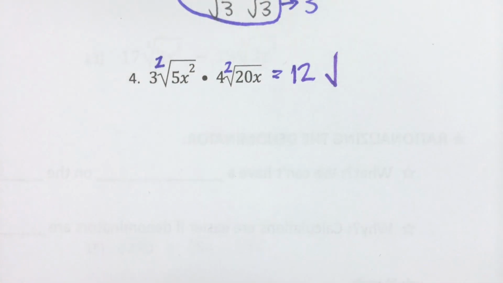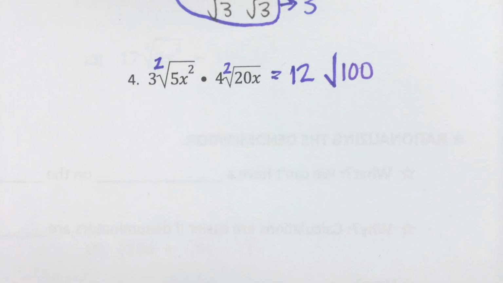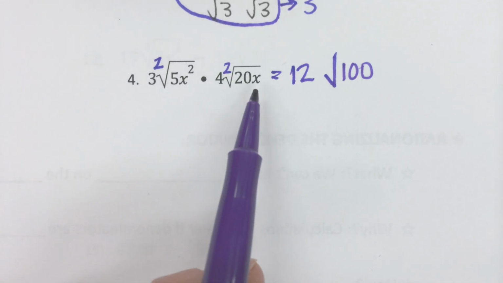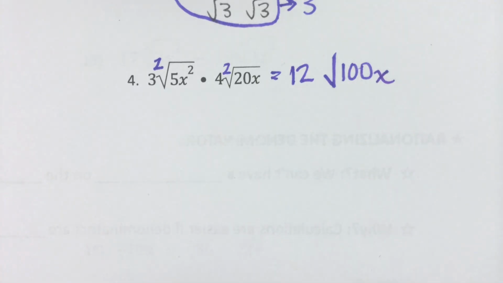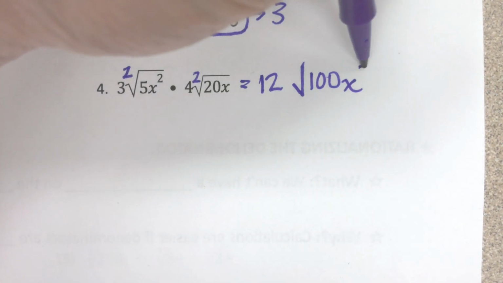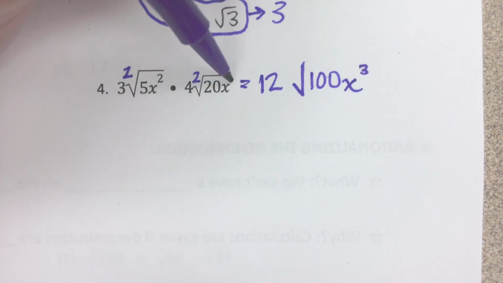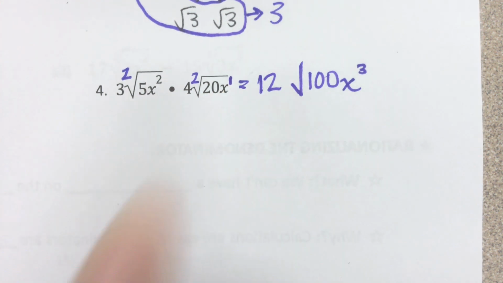And then on the inside, 5 times 20, that's 100. And then x squared times x, what is that going to give me? X cubed, thank you. Reminder, when you multiply x's together, variables period, the same variable, you will add the exponents.